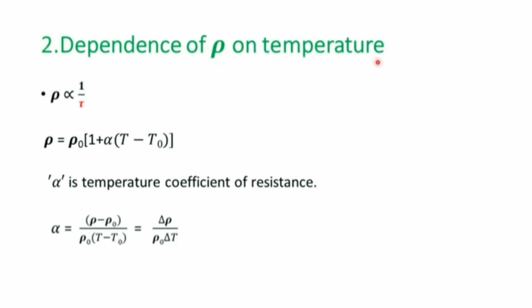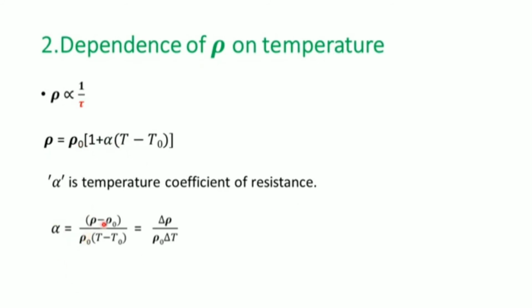Dependence of resistivity on temperature is given by the relation rho is equal to rho naught times 1 plus alpha into T minus T naught, where rho is the resistivity of the material at temperature T and rho naught at the temperature T naught. Alpha is the temperature coefficient of resistance.